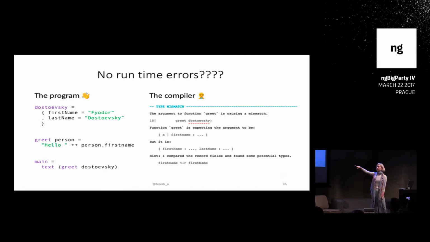All Elm programs start with a main, and then you can put your little object into a greet function, and it's supposed to come back with a string with the first name, but there's actually a typo, and the compiler will find that. Now, in JavaScript, this will result in a runtime error, but in Elm, it will just tell you, and give you little hints on what you could have done wrong, and it's so cute.